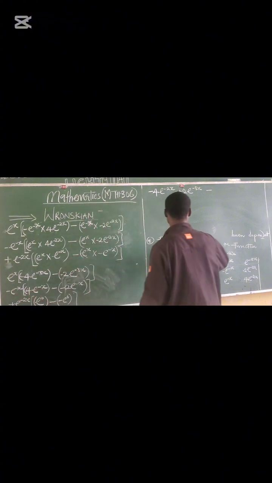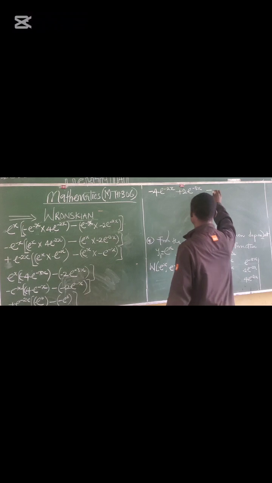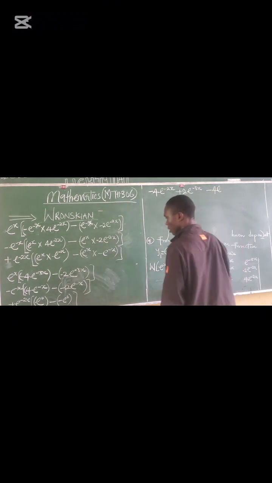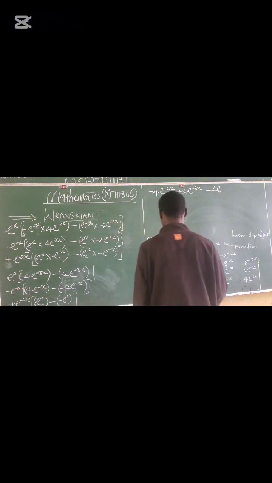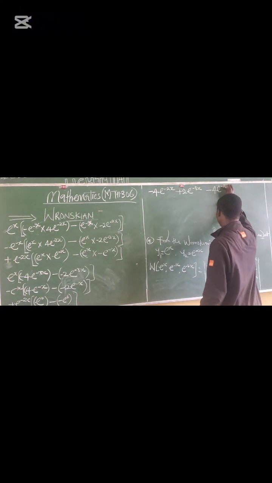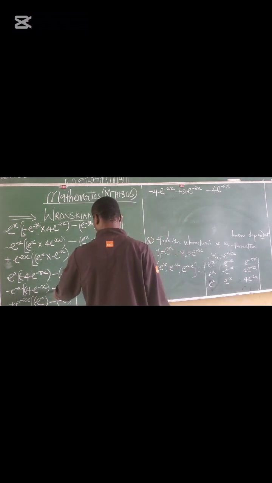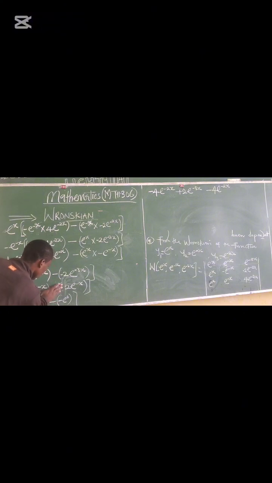This times this becomes a minus 4 exponential. This is minus x and this is minus x, so it's going to be minus 2x. So this times this now will change to a plus. So here will automatically become a plus.